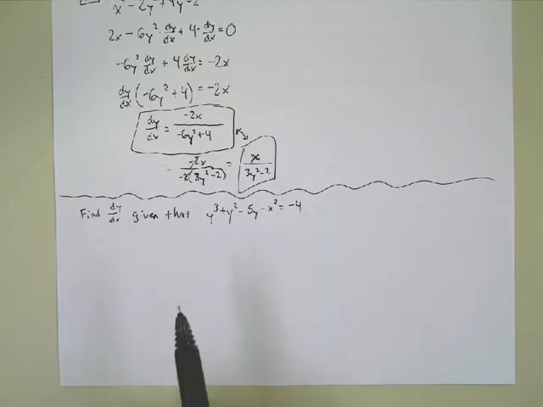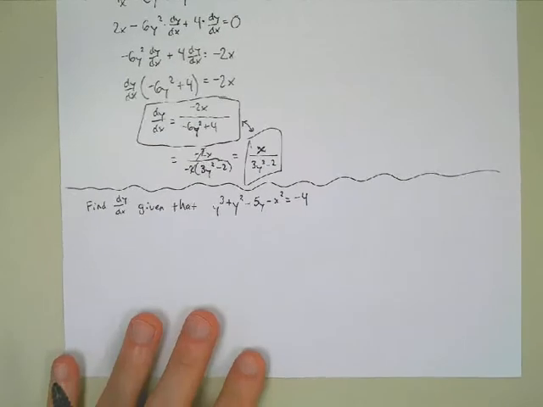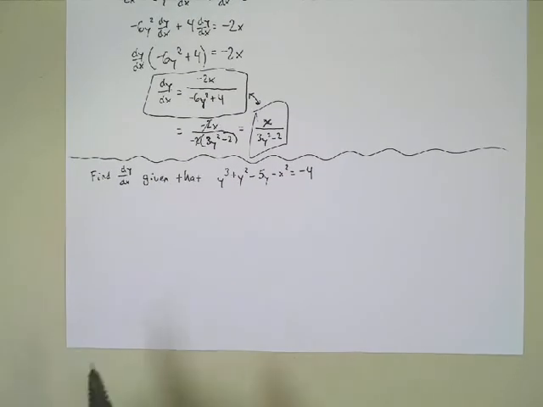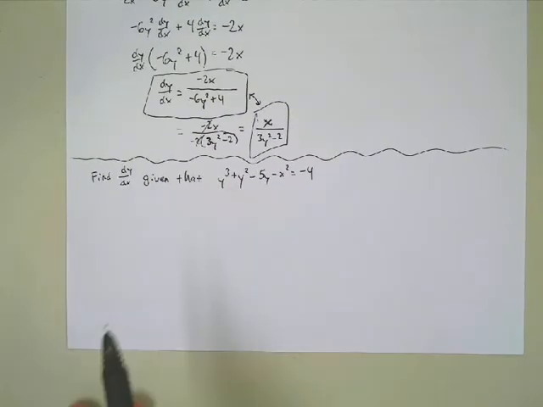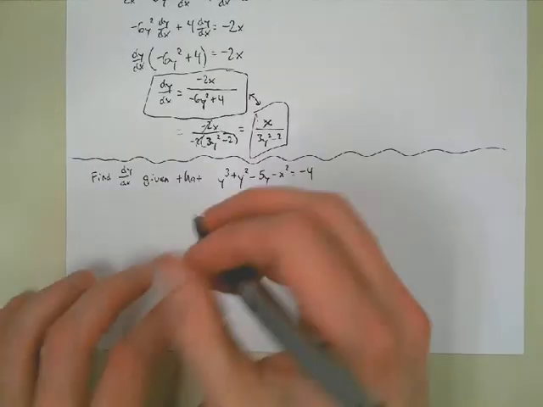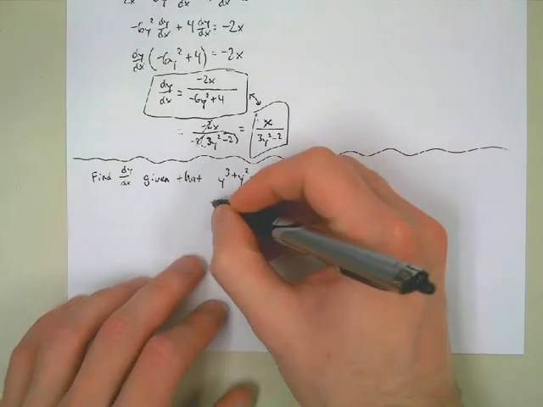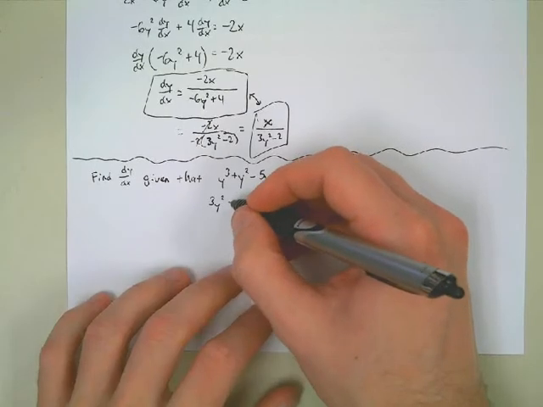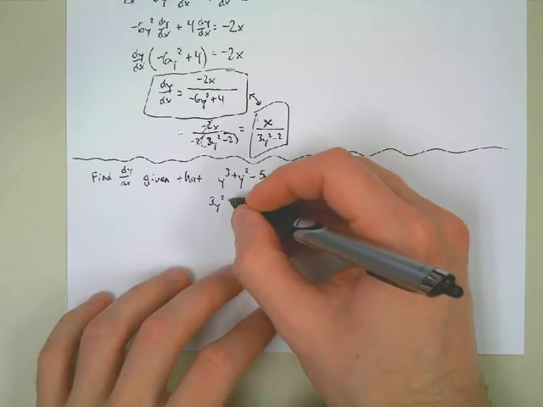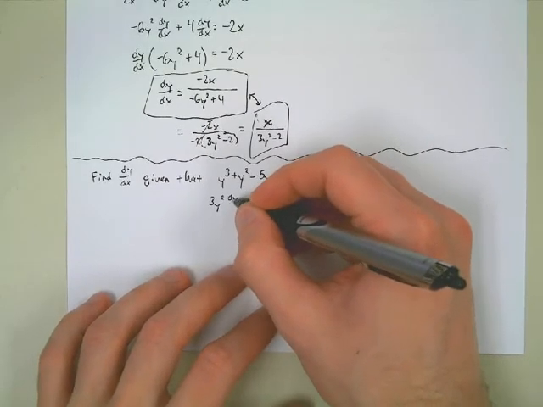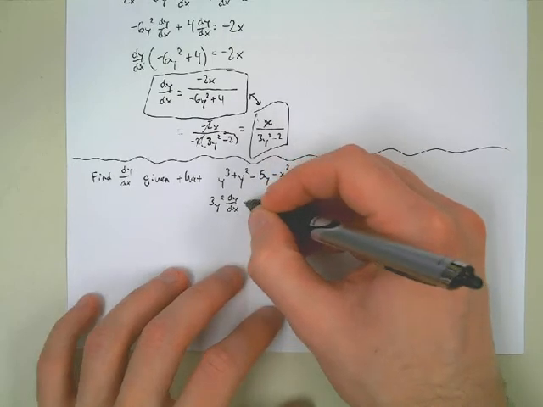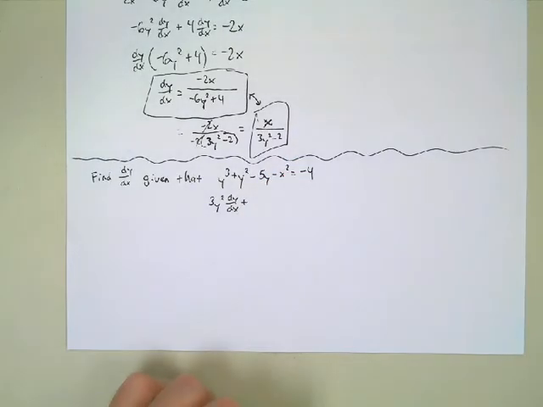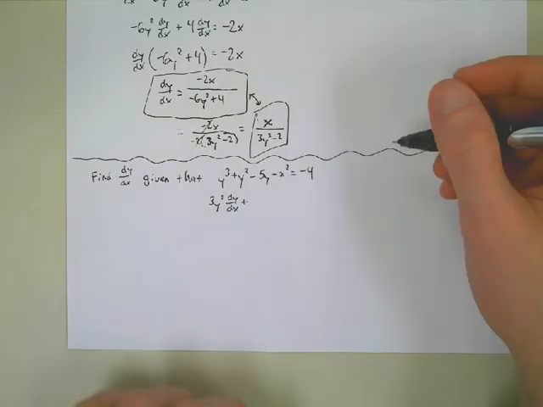All right, so Christian, the derivative of y cubed with respect to x, what would that become then? 3y squared times dy dx, or y prime again, whichever one you want to use. I'll use the dy dx again. Plus, then Josh, derivative of y squared. 2y times the dy dx, right?